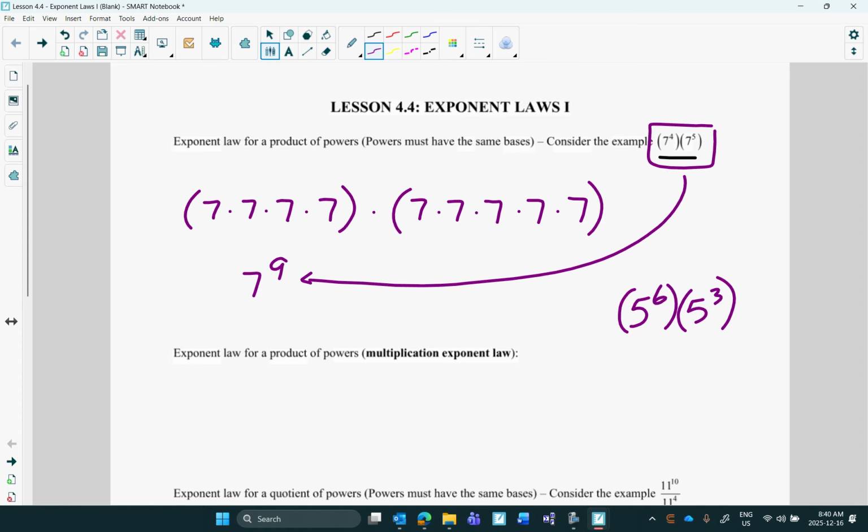What happened to the bases? We just kept them the same, right? What happened with the exponents? We added them. That's one of the exponent laws called the multiplication exponent law.